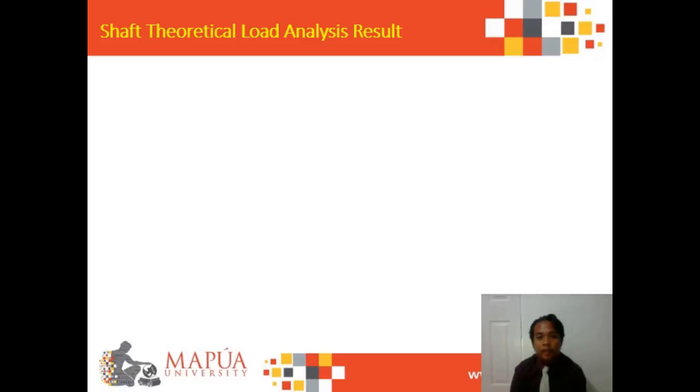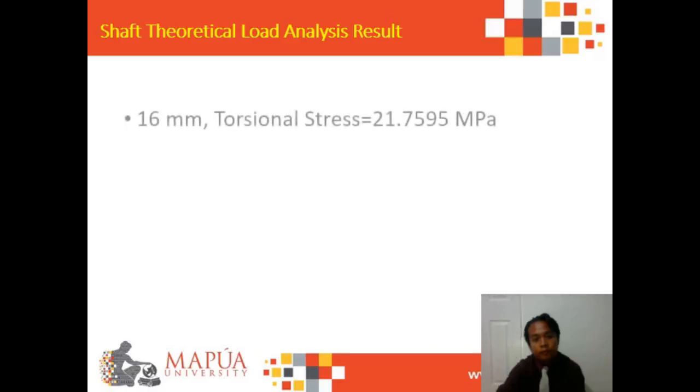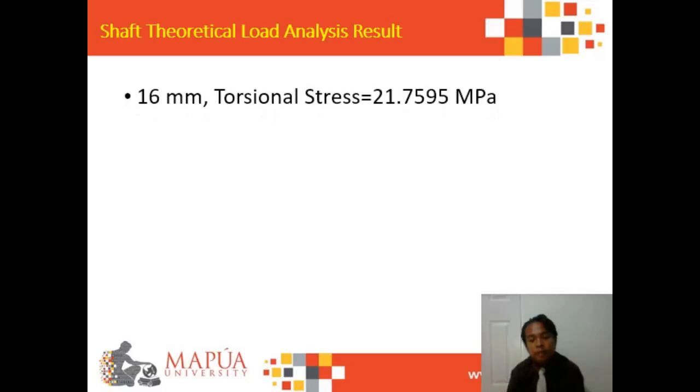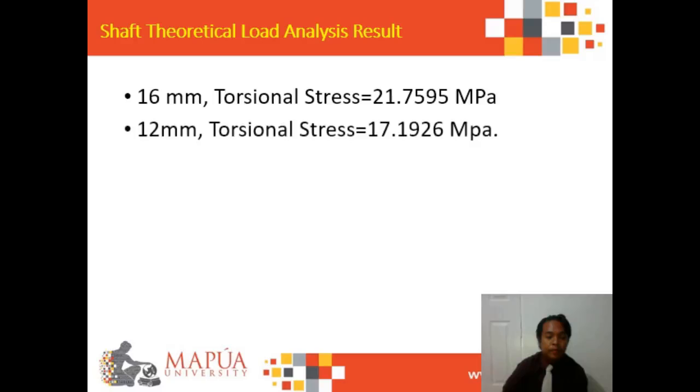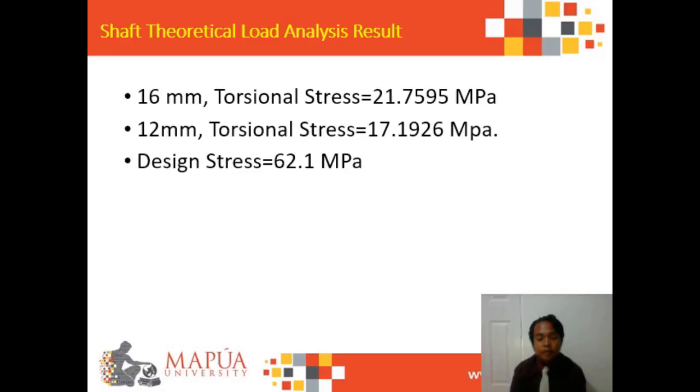For the shaft theoretical load analysis results, for the 16mm diameter shaft, we have a torsional stress of 21.7595 megapascals, and for the 12mm shaft, we have a torsional stress of 17.1926 megapascals, and the design stress was 62.1 megapascals.